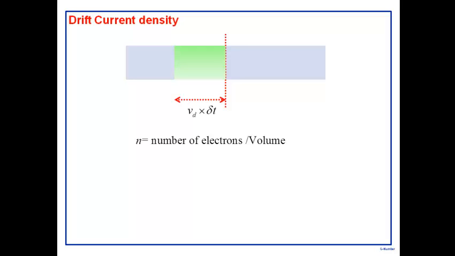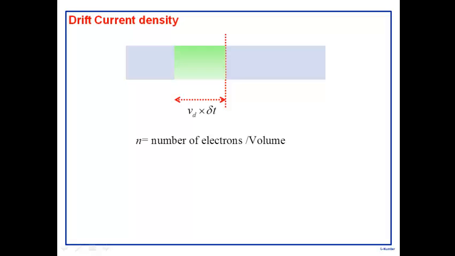Therefore the total number of electrons in this particular volume will be n, the number per unit volume, multiplied by the length, Vd into delta t, multiplied by the area. So that would be the total number of electrons in this particular region.